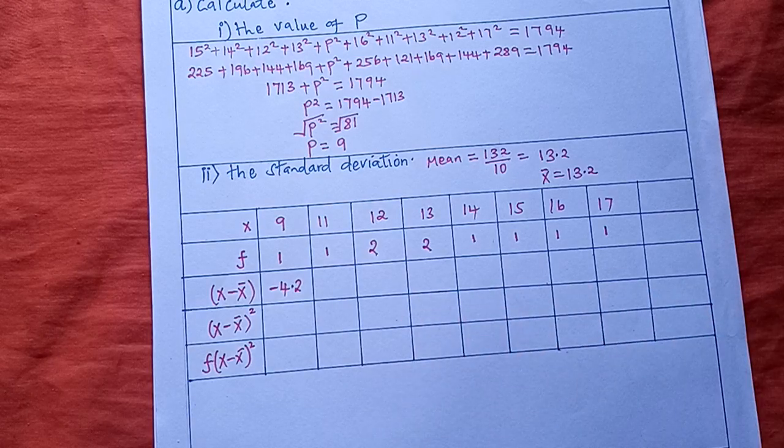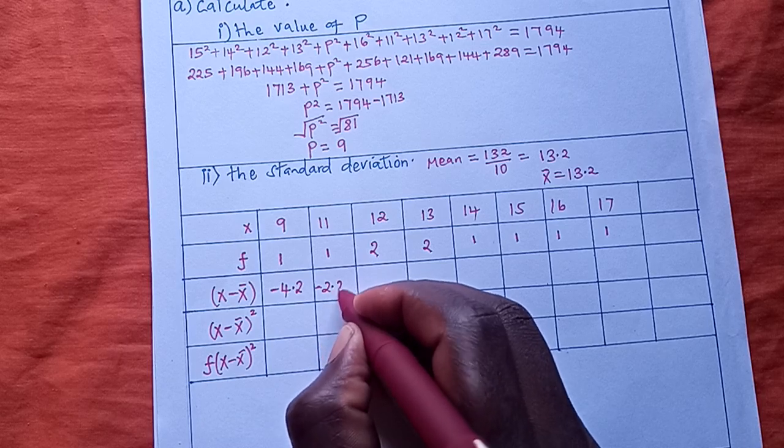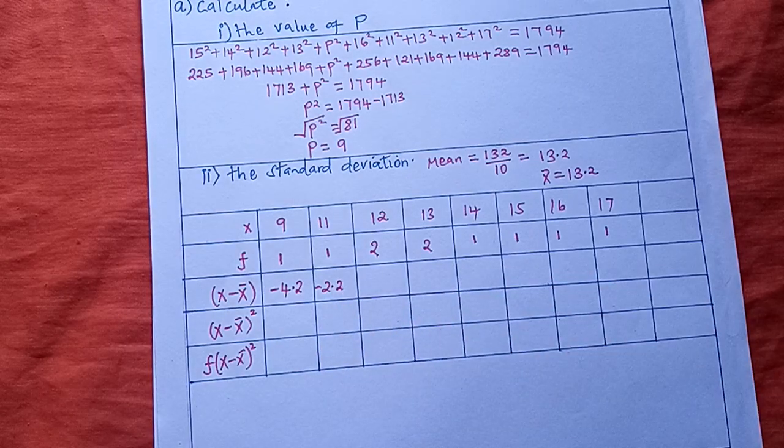Now if we proceed, it is 11. You take away 13.2, another negative. We are going to get negative 2.2. The next one is 12. You take away 13.2, another negative.